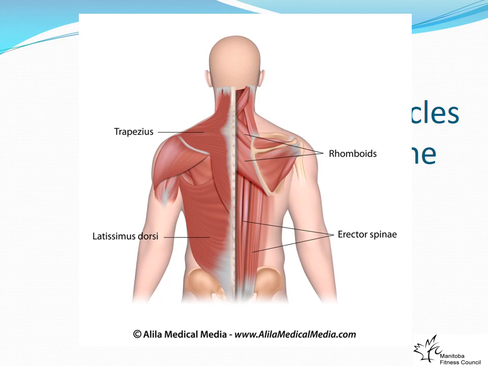You can see upper trapezius, which is going to go from your scapula to your upper spine. Your middle trapezius, which is going to run from the scapula to the middle of your spine. And then the lower trapezius, which goes from the scapula to the lower part of your mid-spine. So depending on which of these fibers contract, it will cause the scapula to move.